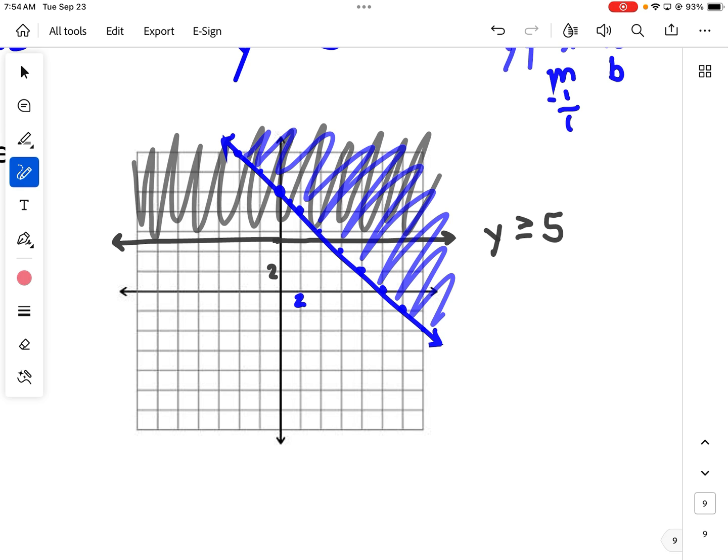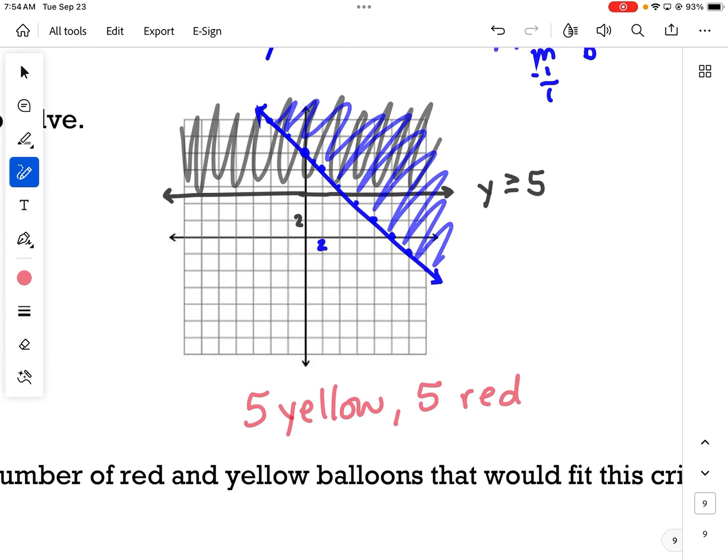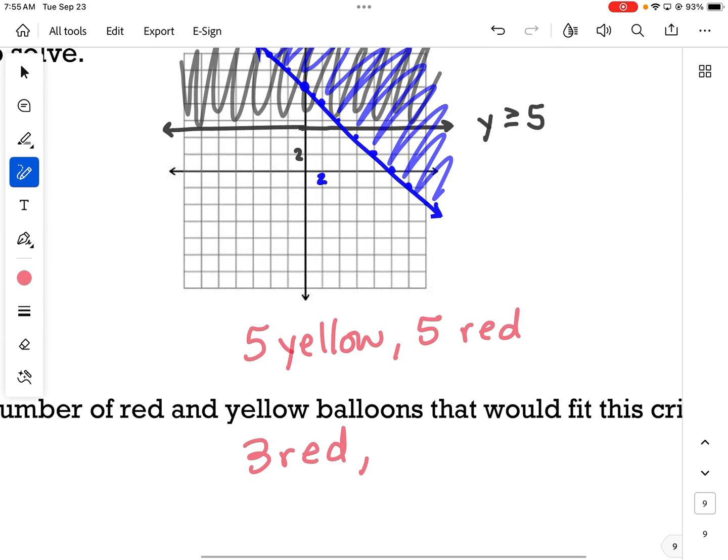Okay, so 2, 4, 6, 8. Did you say 8? And 2, 4. Yeah, so it wouldn't work. 5 yellow, 5 red would work. What if I have 3 red?